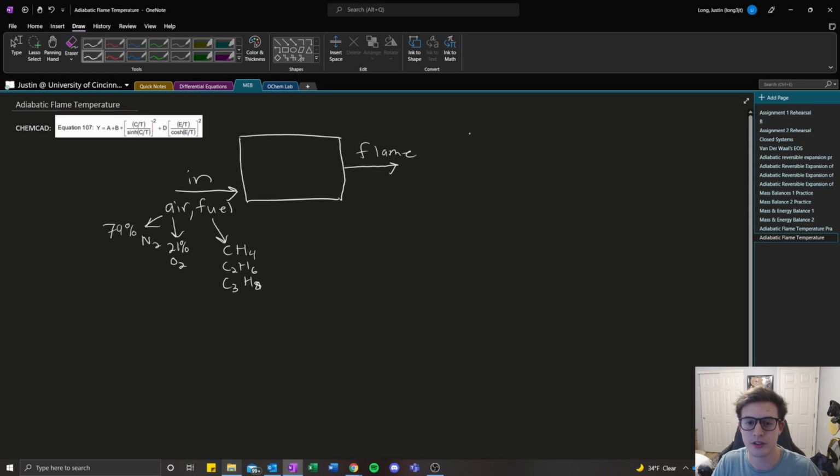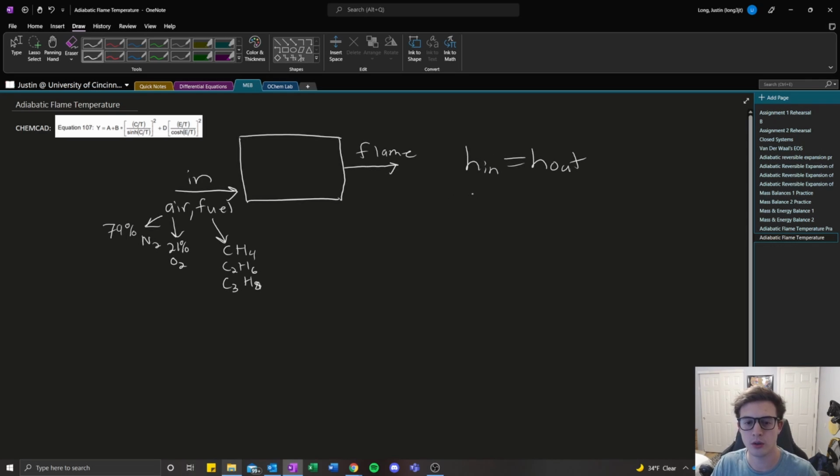It also tells us that there is no potential energy and no kinetic energy. And then because this problem is at steady state, we know that there is no mass change in the system. And what this allows us to say is that the enthalpy going in is equal to the enthalpy going out. Because this is such a simplified situation, we have such a simplified form of the energy balance.